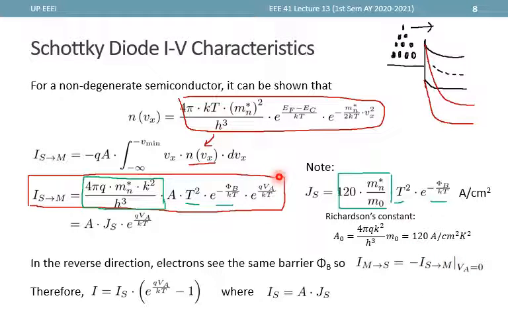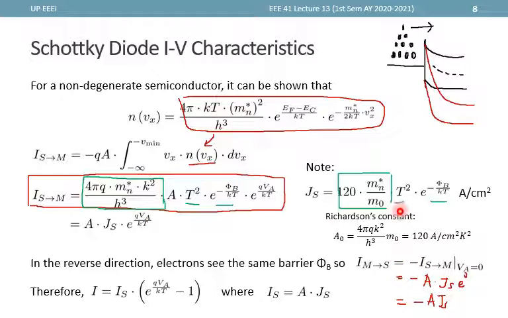And therefore we'll just have to evaluate this at VA equal to 0, and therefore this current from metal to semiconductor is ISM, negative, evaluated at VA equal to 0. So we have A Js e to the 0, which is simply 1. So we'll end up with this A Js. So this IMS is this ISM evaluated at VA equal to 0 with a negative sign.